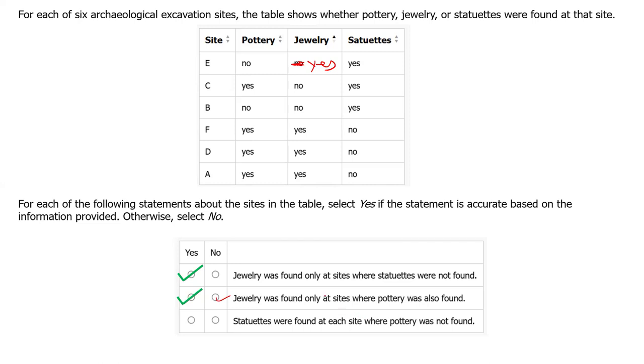Do you get this? See, let's analyze this. Where pottery was also found, notice pottery was found here, here, here, and here, right? Now, notice jewelry was found only at these sites. No, that's not correct, because jewelry was also found here, where pottery is not found.